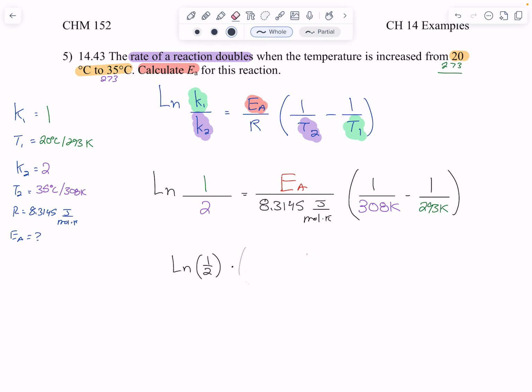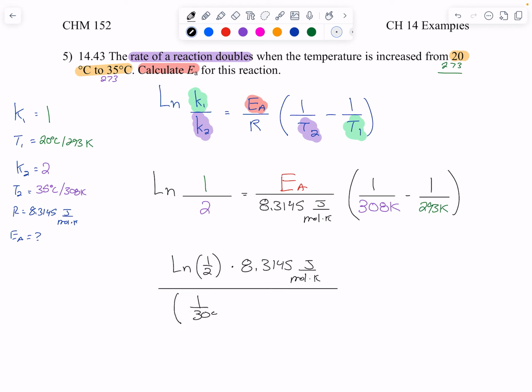That's on the bottom. Times R, 8.3145 joules per mole Kelvin, divided by 1 over 308 K minus 1 over 293 K equals EA.